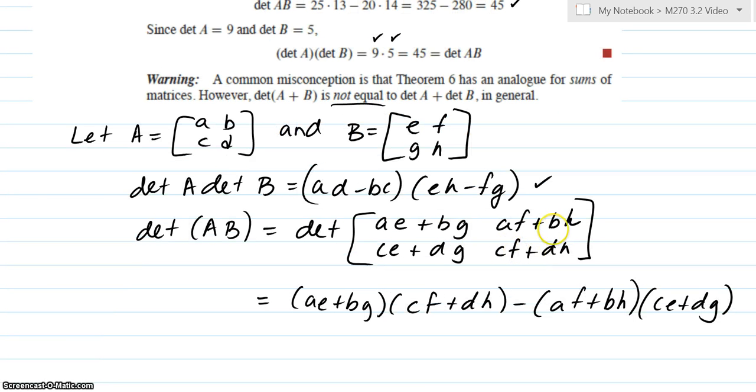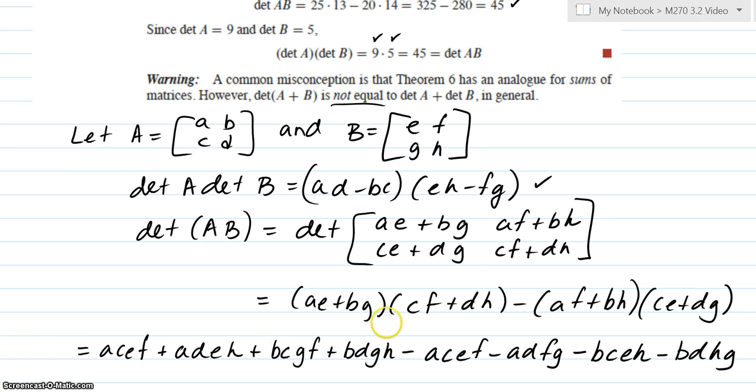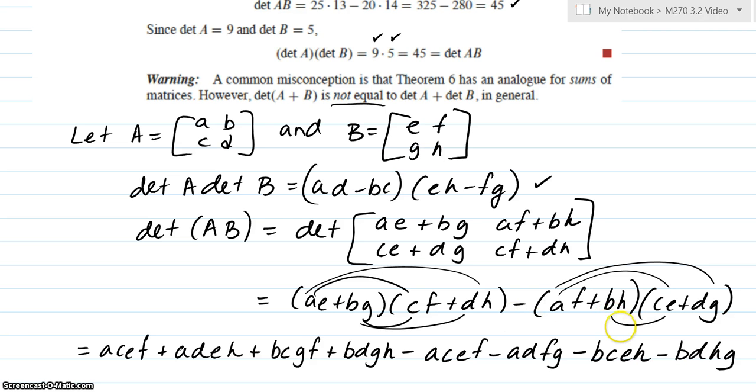you get this times this minus this times this, and you think this is a mess, but it actually works out nicely. If you FOIL this out, you get the first 4 terms, and then if you FOIL this out, you get the next 4 terms all with minuses, because there's a minus in front, and then things cancel.